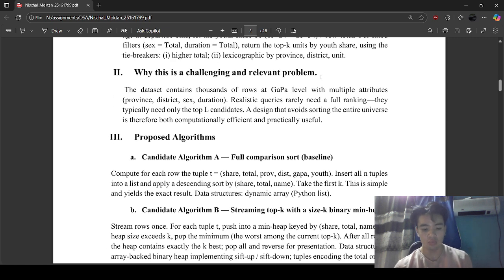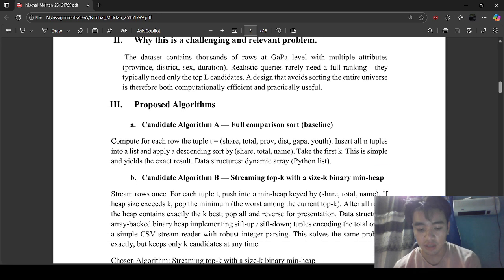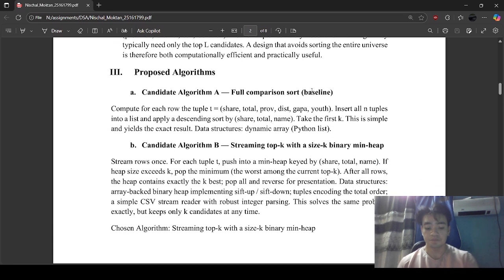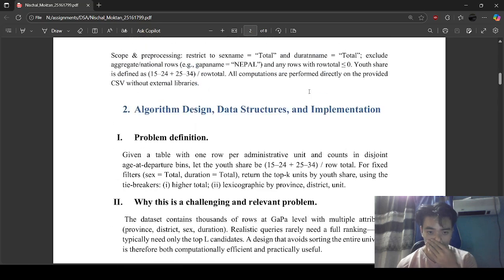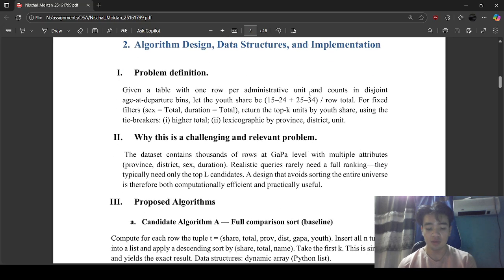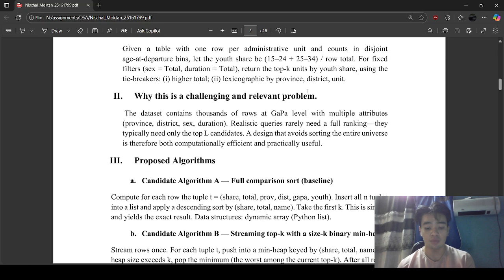So number one, higher total. Then number two, lexicographic by province, district, then unit. So this is the youth share formula and filters.